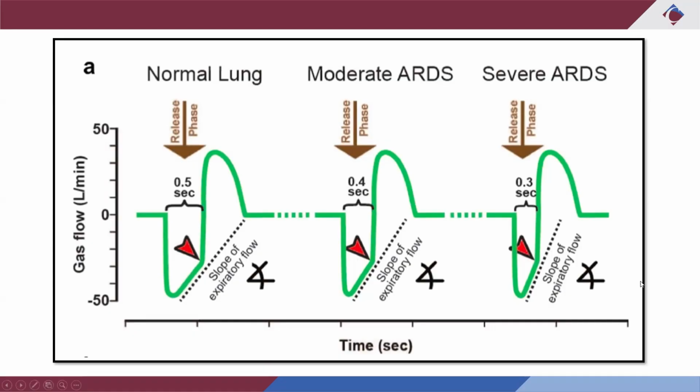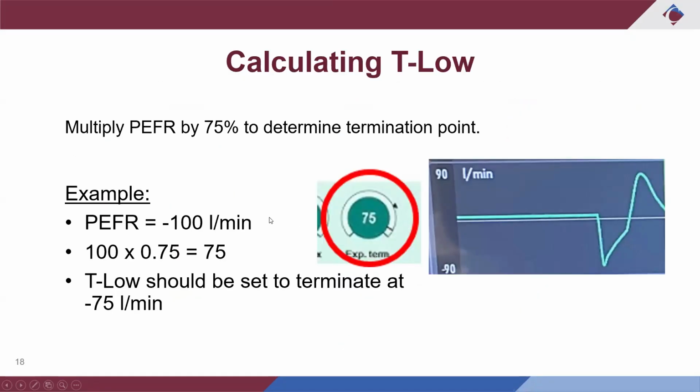I think I have a slide on how fast the lung is emptying, because the stiffer the lung gets, the faster it empties. So you can shorten the time low on severe ARDS patients. You can see the slope getting steeper with severe ARDS at a much lower time low.